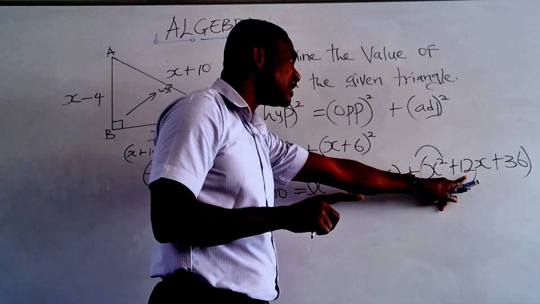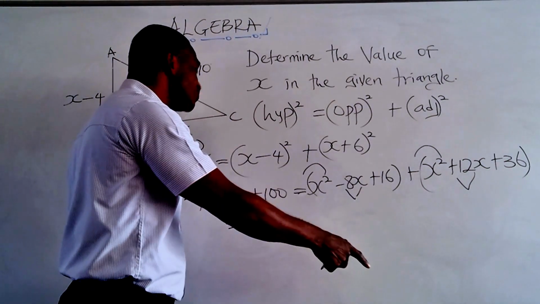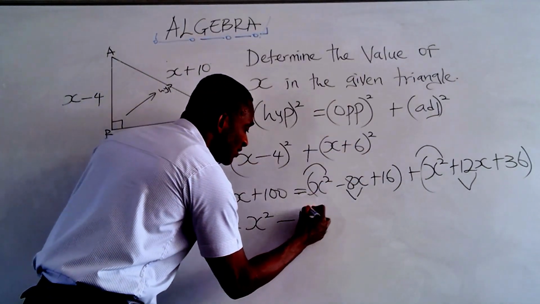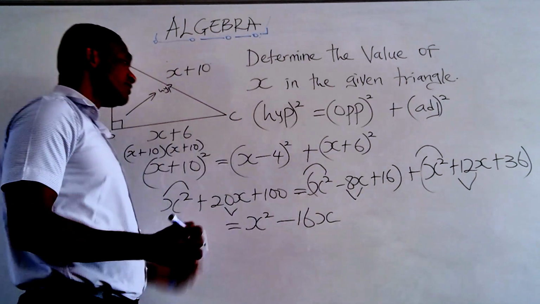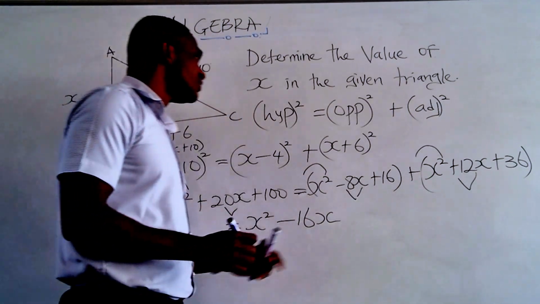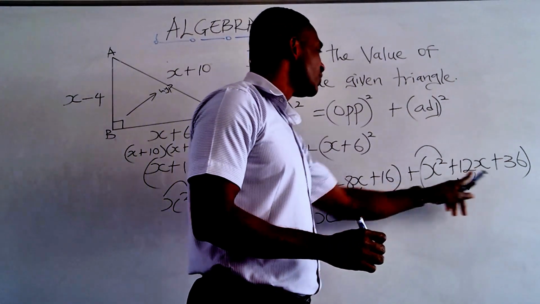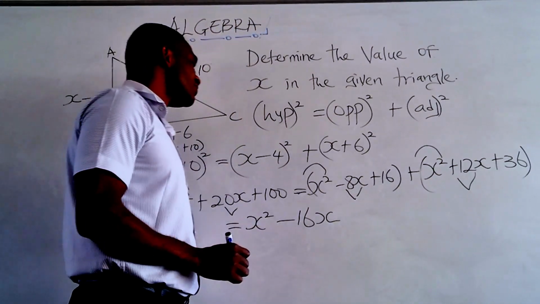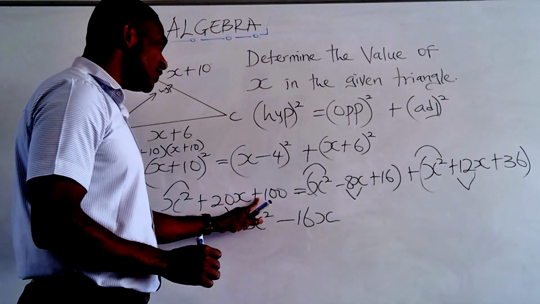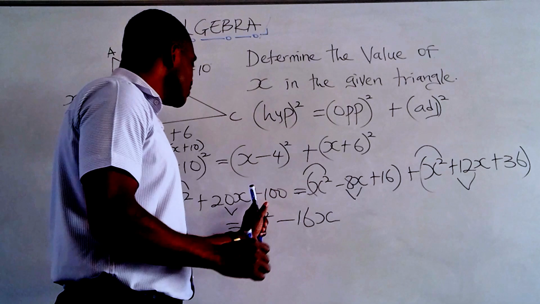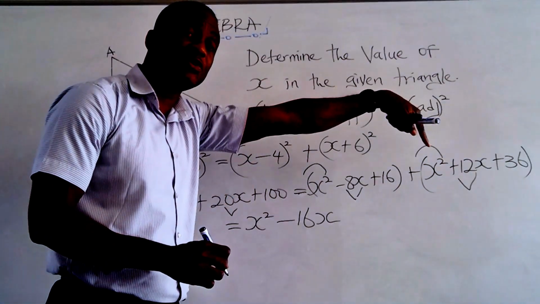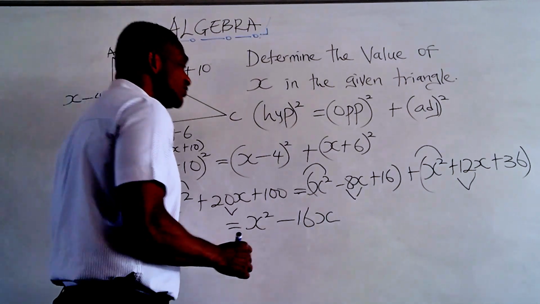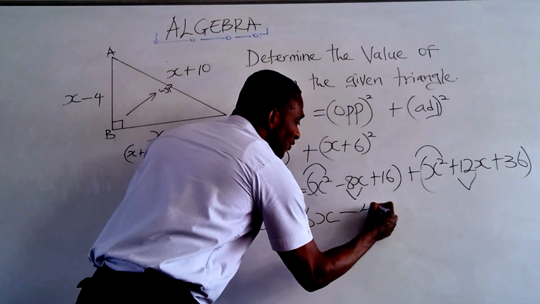So we have 4x minus 20x, which will give us minus 16x. Now let's go to the numbers. We have 16 plus 36, that is 52, and we have 100 here. So 100 crossing over to meet them becomes minus 100. 52 minus 100 gives us minus 48.